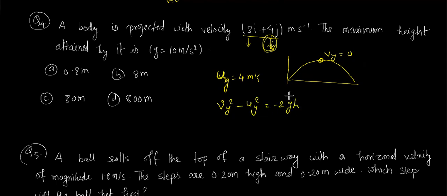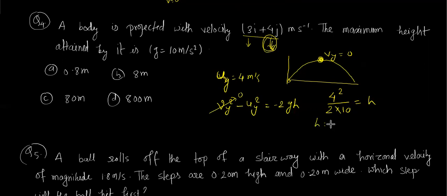This minus is for g, because the particle is moving against gravity. So we can write 4 square over 2 times 10 equal to h.